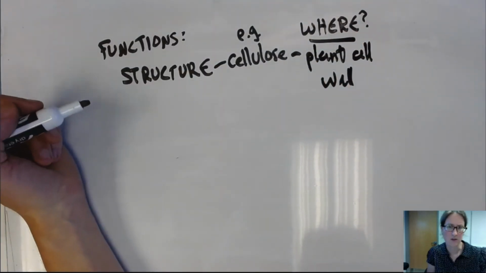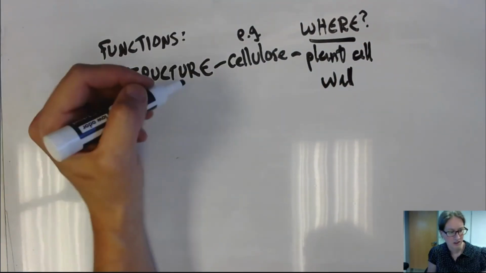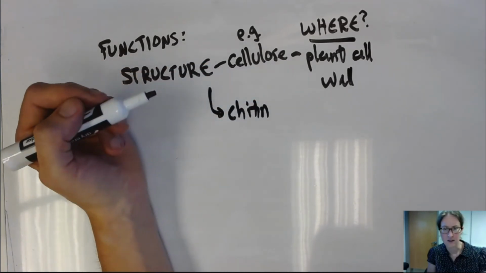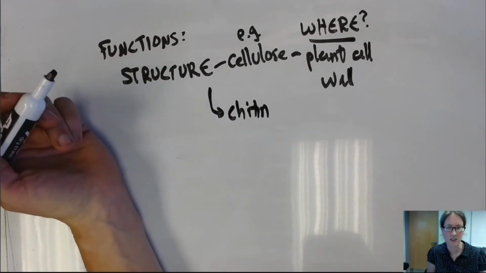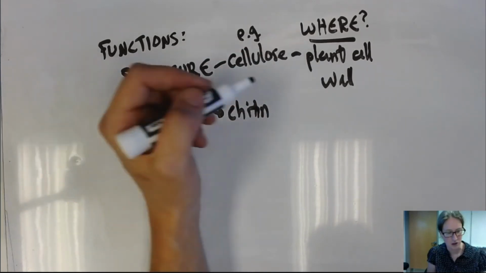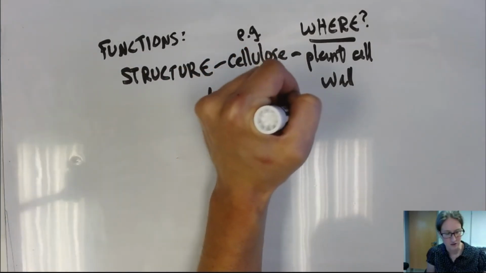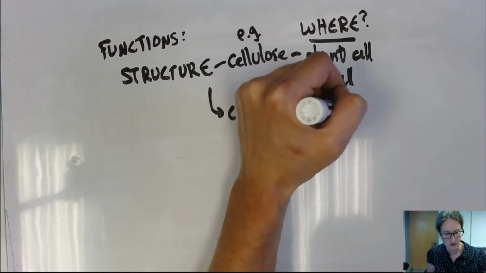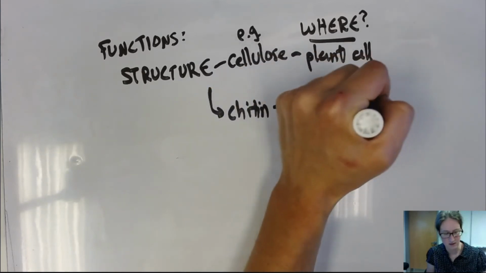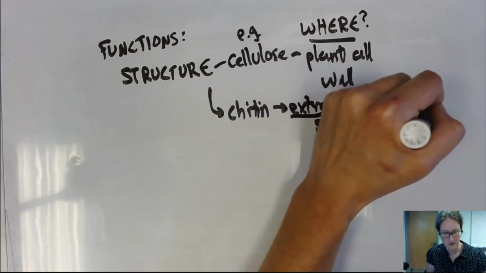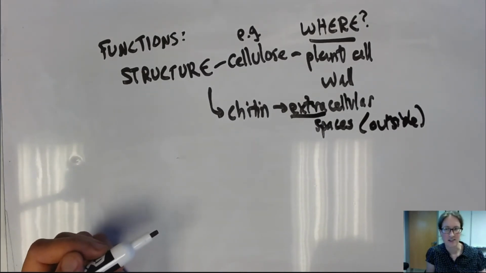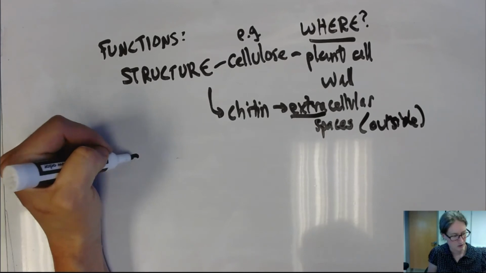Okay, animals also use polysaccharides to provide structure, typically in the form of chitin. And chitin is also built out of those long chains of polysaccharides, and then there's usually some other modifications thrown in. So they're also found in extracellular spaces. And extra means outside of the cell. So the second major function of polysaccharides is that they serve as a form of energy storage.